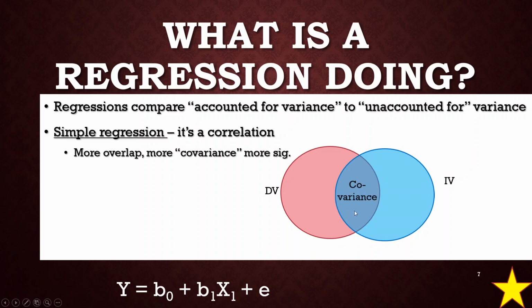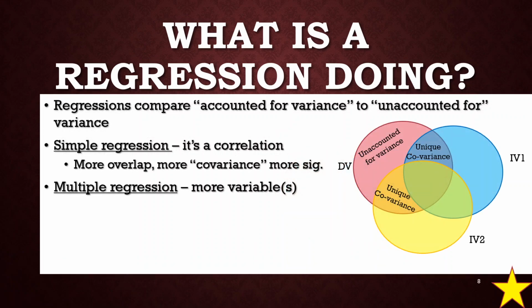What you've got here is some covariance, your variables work together, and you have some unaccounted for variance. This is the variance in your dependent variable that your independent variable cannot explain. This is the same thing that's going on in a simple regression, but things get more complicated as we get to more complicated multiple variable regressions. Suffice to say that if there's more covariance, you have a higher R squared, more significant relationships there.